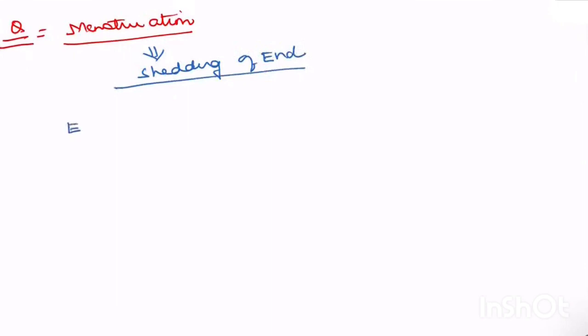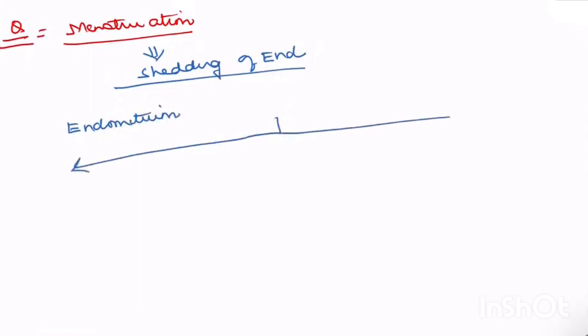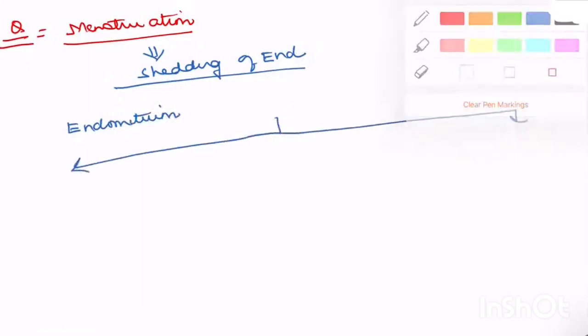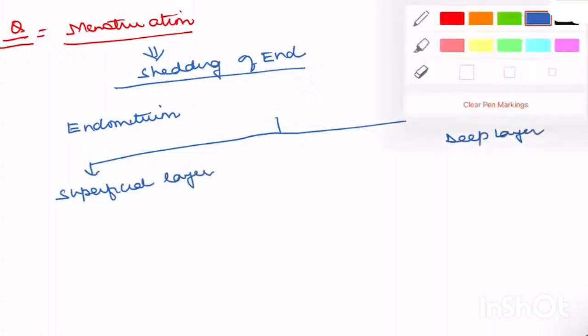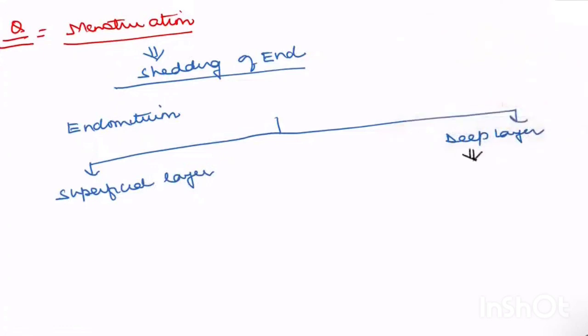Now, the endometrium has layers. In the endometrium there is a superficial layer and a deep layer. The deep layer is called zona basalis.